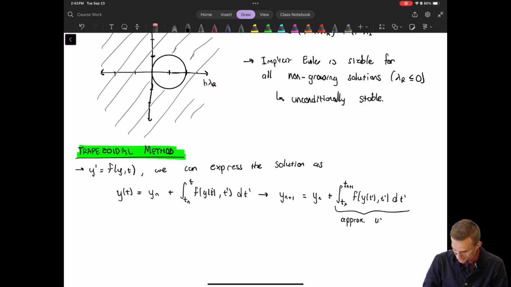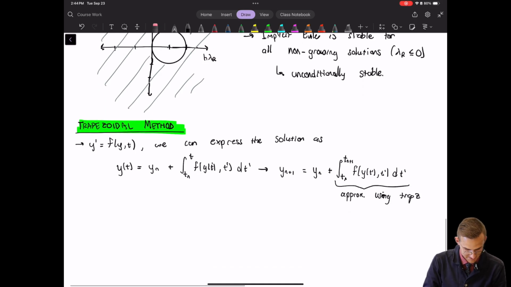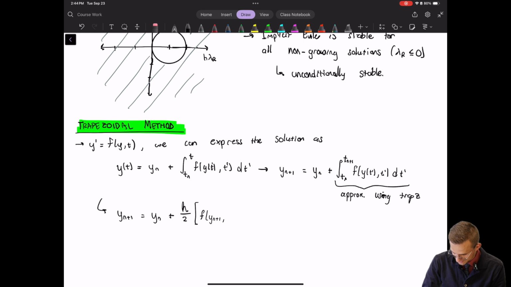But here we'll use the trapezoidal rule. Okay, and then what you end up with is the following, which is yn plus 1 is equal to yn plus h over 2 times f evaluated at yn plus 1 and tn plus 1 plus f of yn and tn.